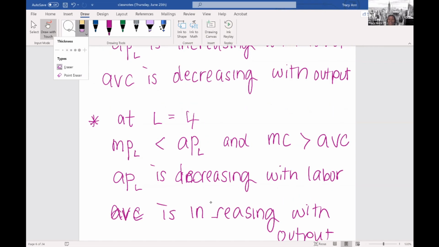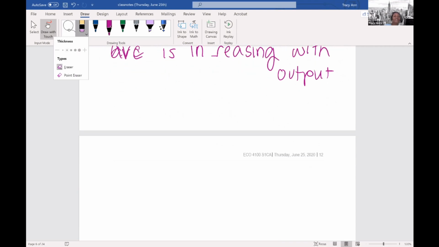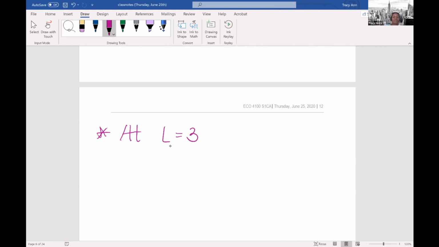So when L is equal to 3, my marginal product of labor is equal to my average product of labor, and my marginal cost is equal to my average variable cost.